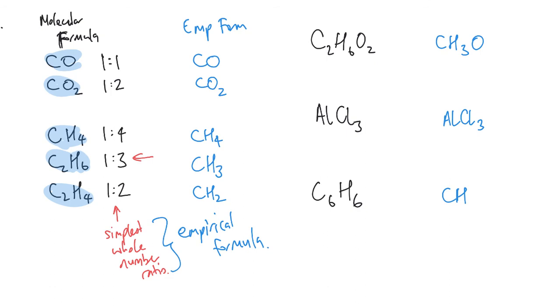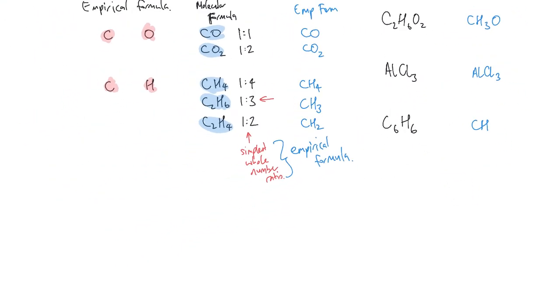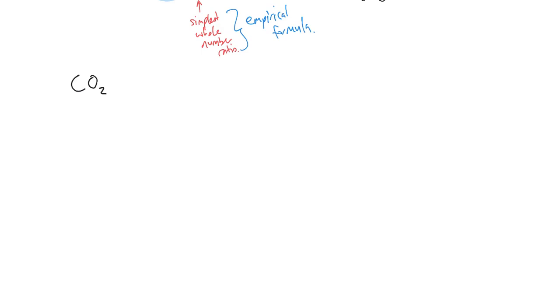Now, we can do this experimentally as well. The empirical formula is the simplest whole number ratio, and the simplest whole number ratio effectively says that if I have a CO2, if I have 100 atoms of carbon, how many atoms of oxygen will I have? 200. Does that make sense? Nice and easy.